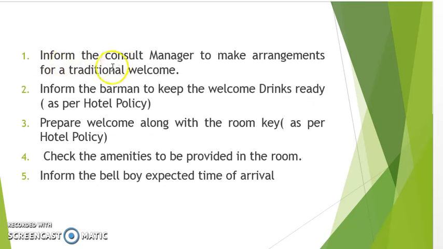Inform the concierge manager to make arrangements for a traditional welcome. Inform the barman to keep the welcome drinks ready if there is a hotel policy to serve welcome drinks on any arrival. Prepare the welcome along with the room key. Check the amenities to be provided in the room. Inform the bellboy of the expected time of arrival.